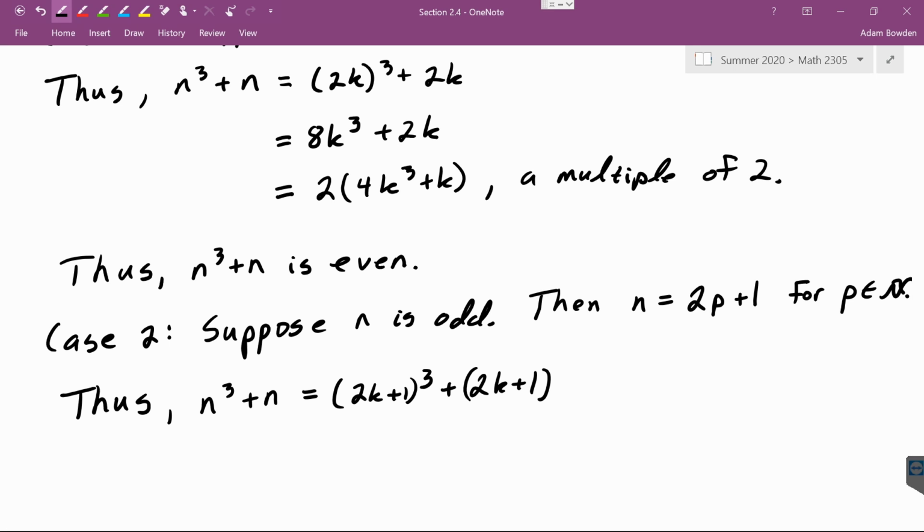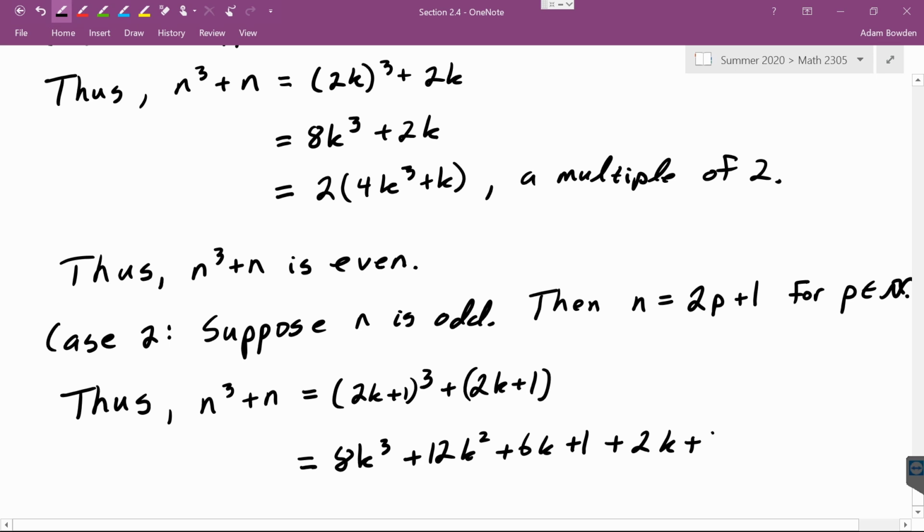I have to do some algebra here. You'll have to expand the 2k plus 1 to the third. And what I got was 8k to the third plus 12k squared plus 6k plus 1 plus 2k plus 1 on the very end there.